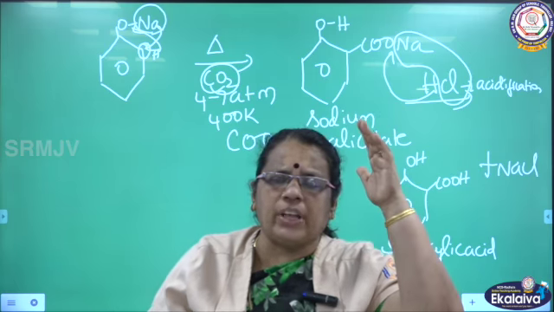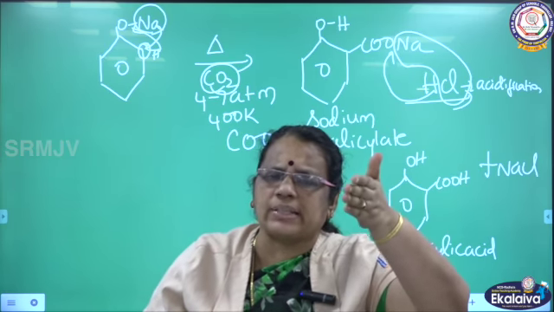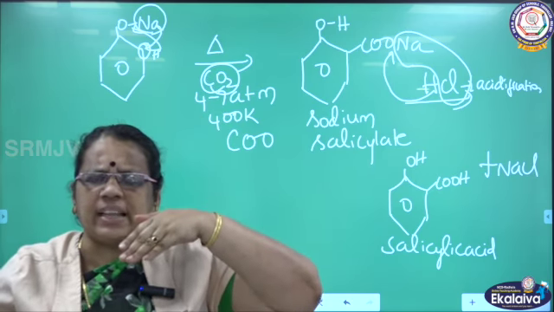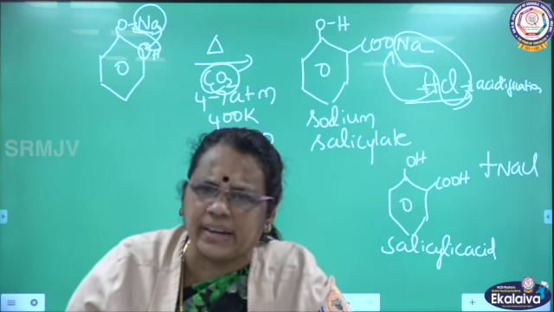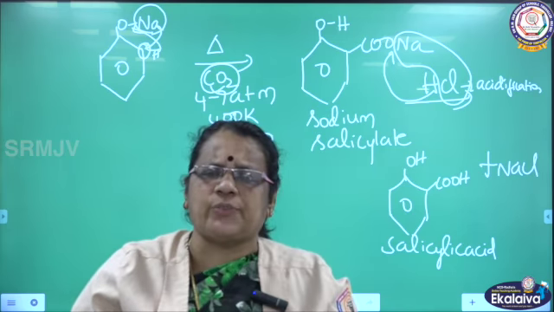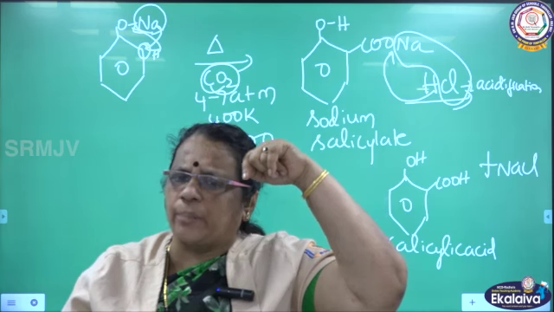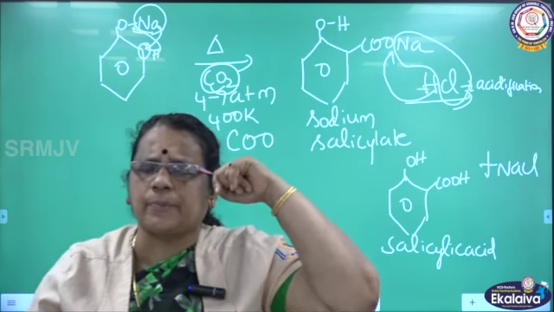I have started with phenol. Phenol with sodium hydroxide gave sodium phenoxide with the liberation of water. What is the next step? Sodium phenoxide, heating symbol, carbon dioxide, 400 Kelvin, 4 to 7 atmosphere. Na is removed from ONa, and in the place of Na, hydrogen is substituted.